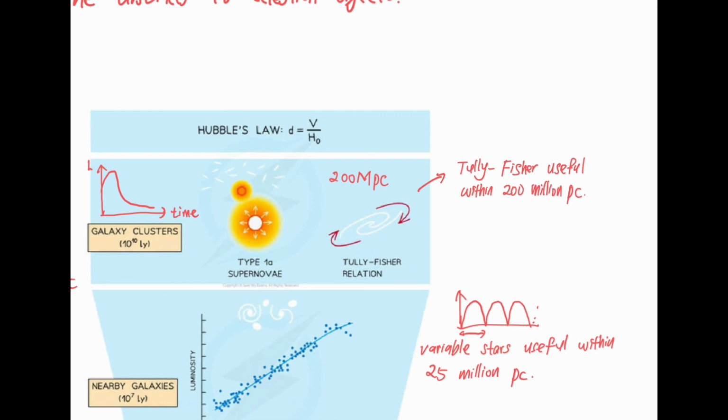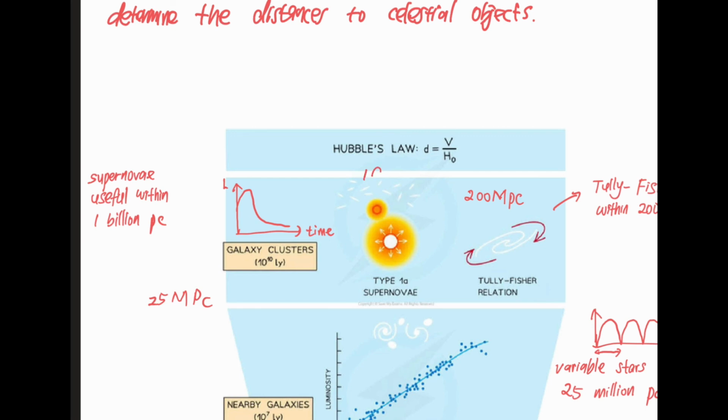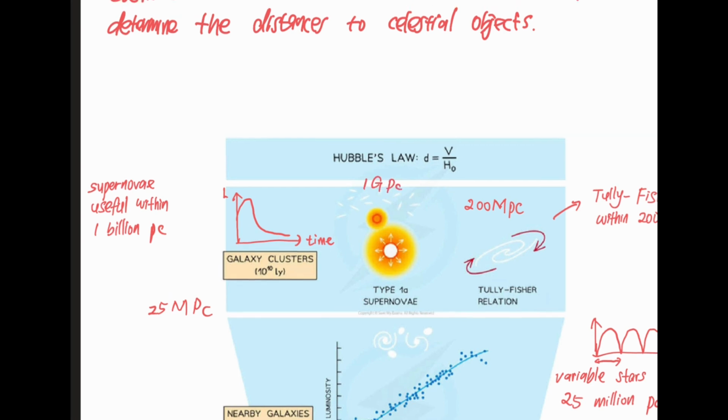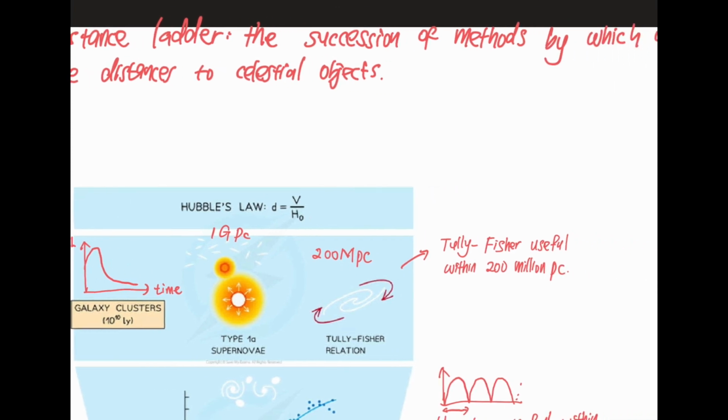And when we reach the highest level, this is 1 gigaparsec. Hubble's law. If you want to find the distance, we use v, velocity, divided by a constant, H naught.